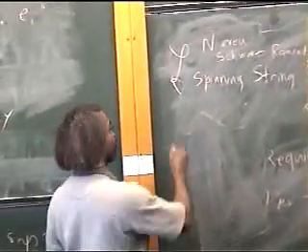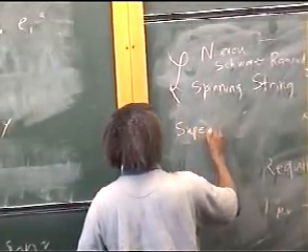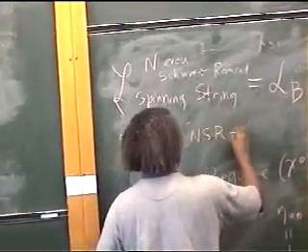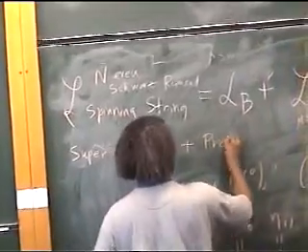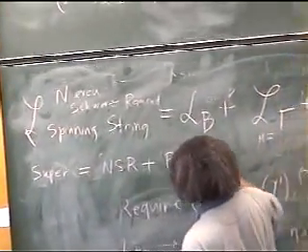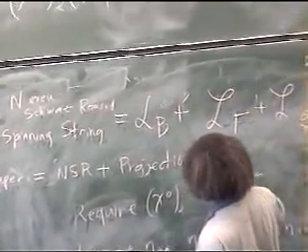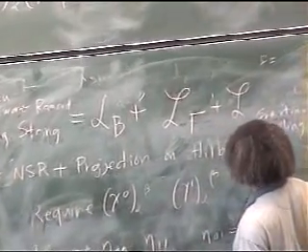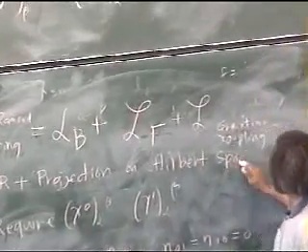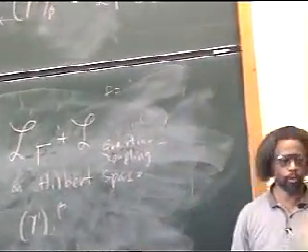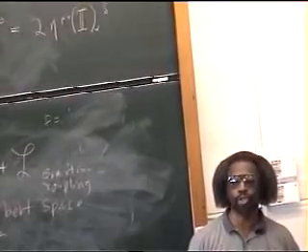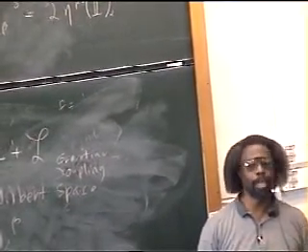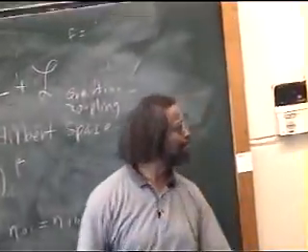In order to get all the way to the superstring, super is equal to NSR plus a projection condition. You have to impose a projection condition on the Hilbert space. And what is this projection condition? You demand that the numbers of bosons and fermions be equal. Then you have the superstring. And I'm done.